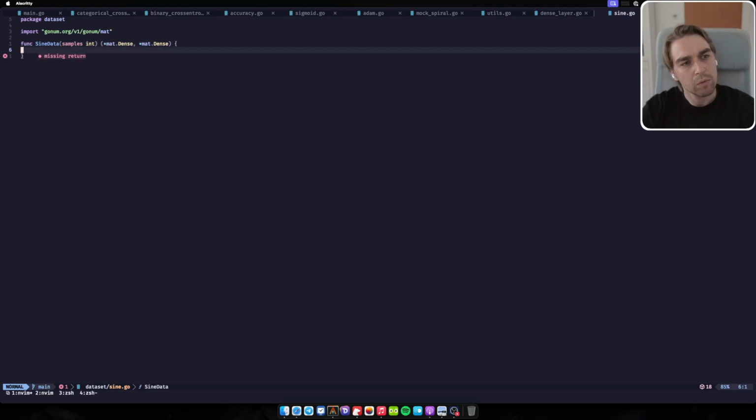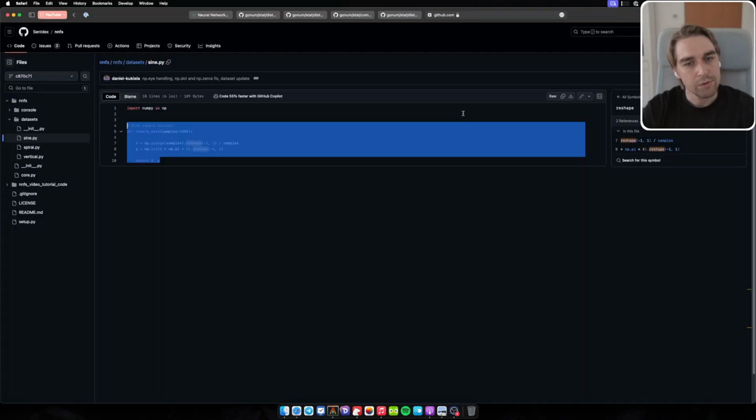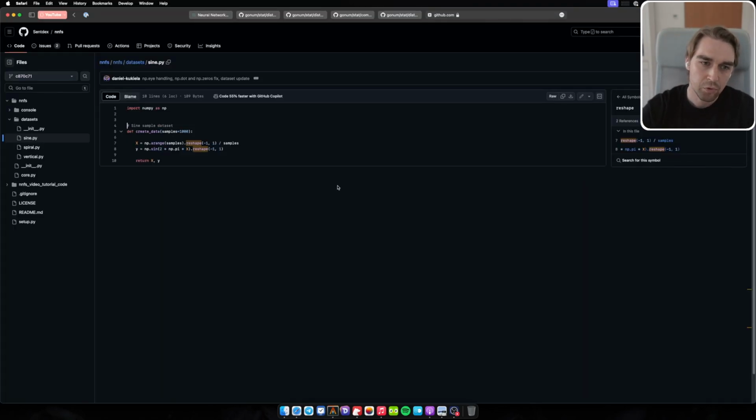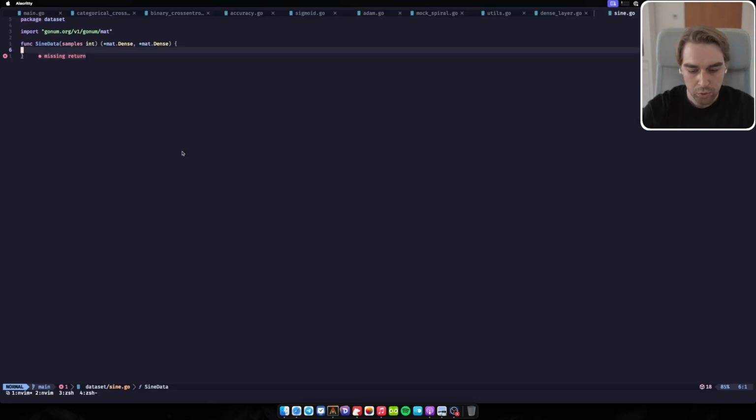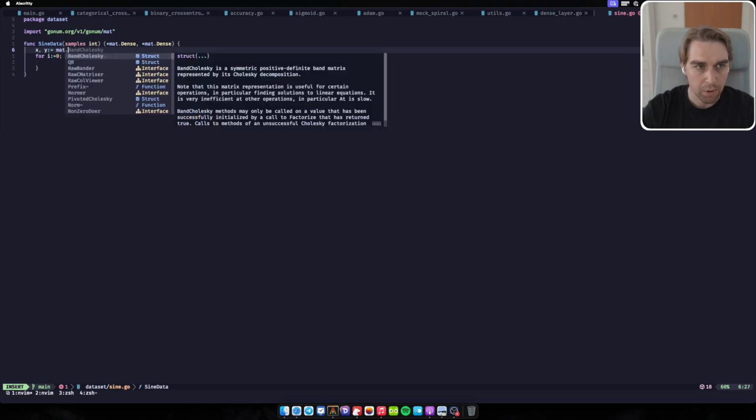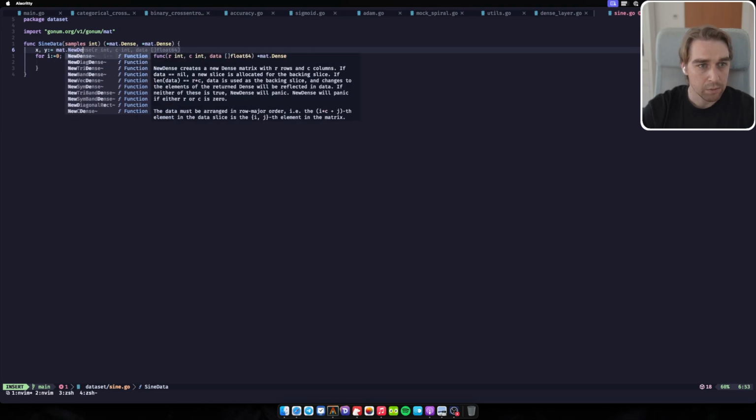I think it will be easier to make it this way. So what do we do? We need to iterate over sample counts. Then we need to allocate two things: we have X and we have Y.